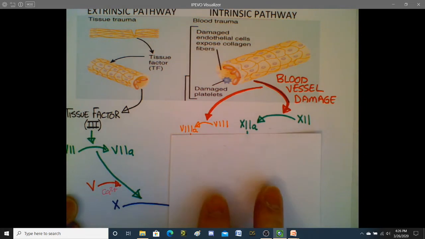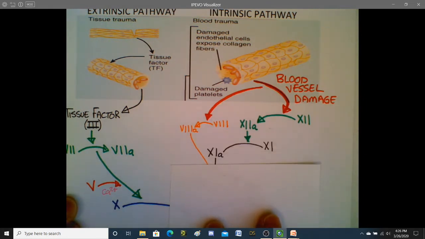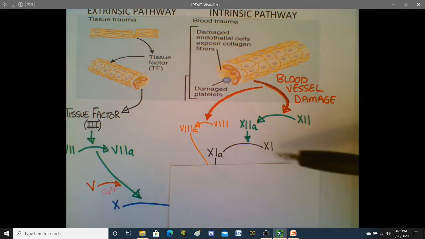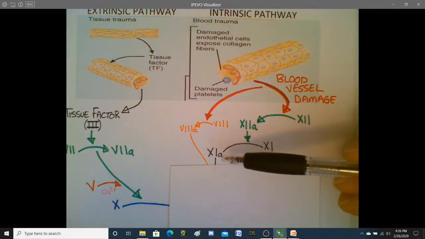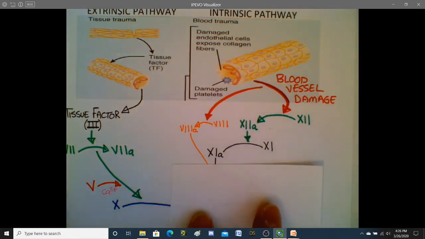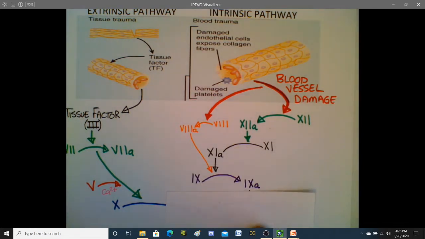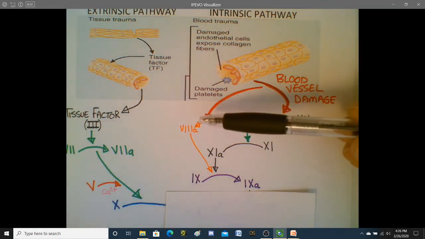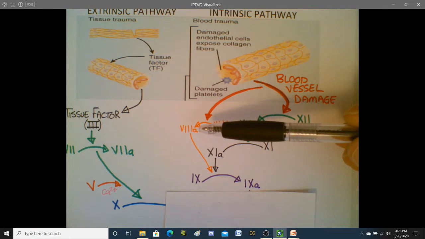So clotting factor 12 is going to activate clotting factor 11. Then clotting factor 11 is going to activate clotting factor 9 with the help of the active clotting factor 8.